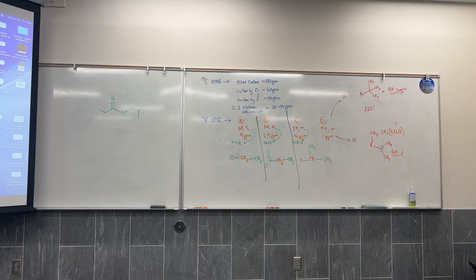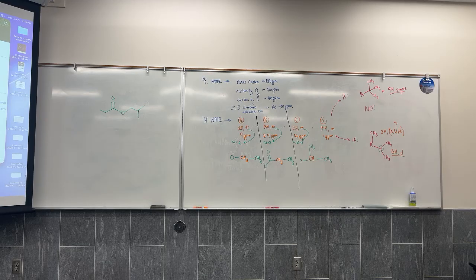What I want to show you guys now is the website where we can actually find these structures. Japanese Spectral Database, SDBS. This compound is isobutyl propionate.